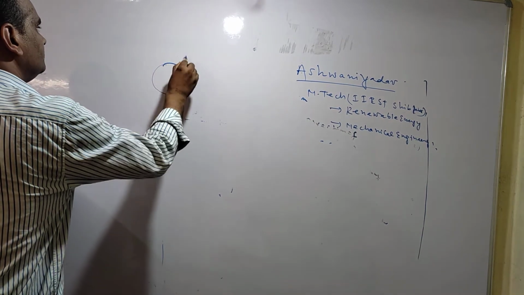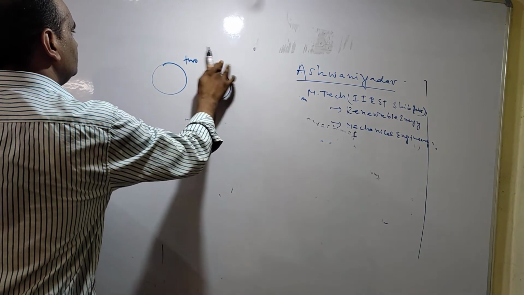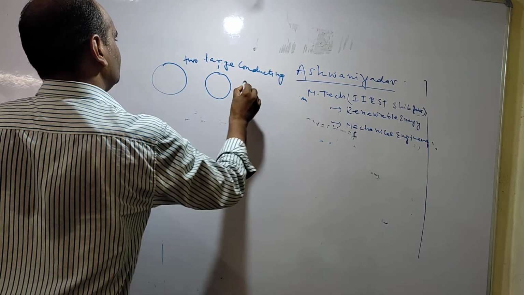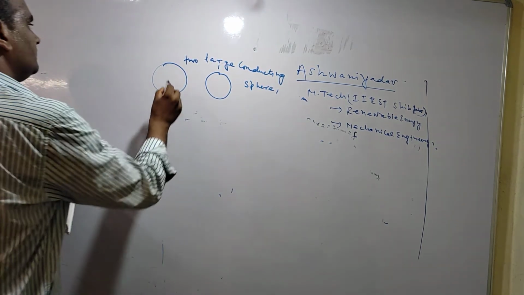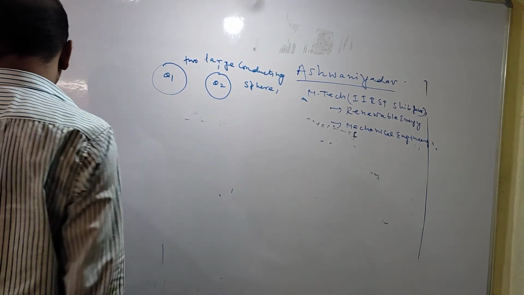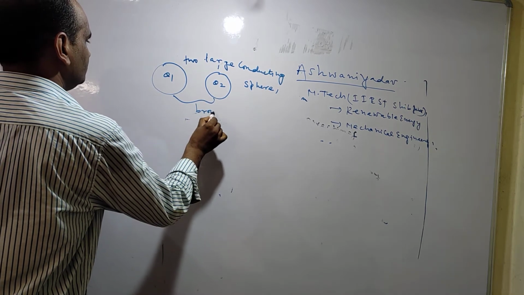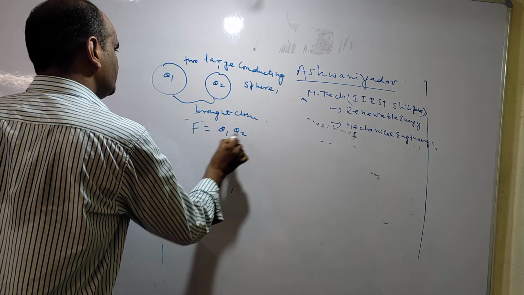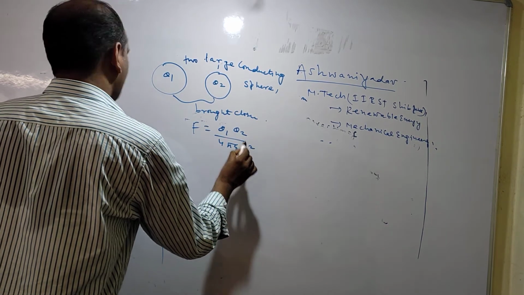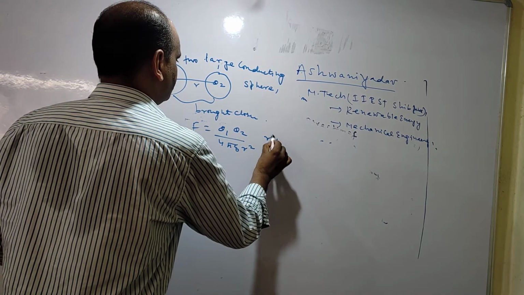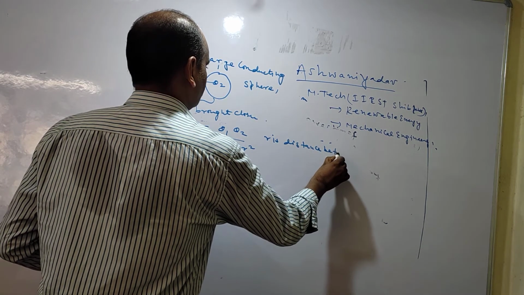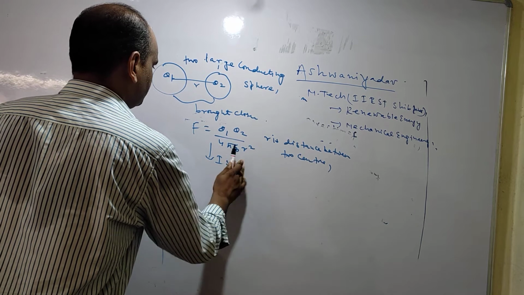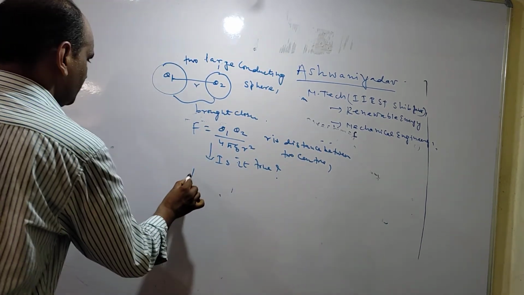Suppose we have two large conducting spheres having charges q1 and q2, brought close. Can you write the force as q1 q2 by 4 pi epsilon naught r square, where r is the distance between the two centers? Is it true? No, it is not true.